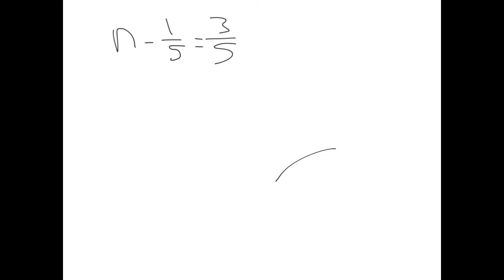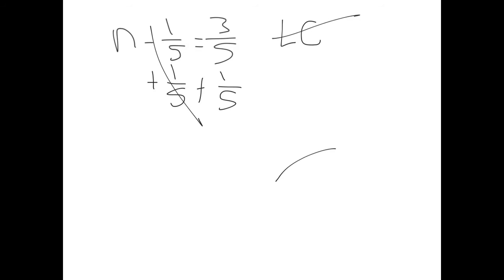Now we're actually gonna add fractions. The last one was actually subtraction. So now we're gonna add 1/5, because that's the opposite. And then you add 1/5 here. And now we need the LCM. Well, actually, no, we don't, because they have the same denominator.